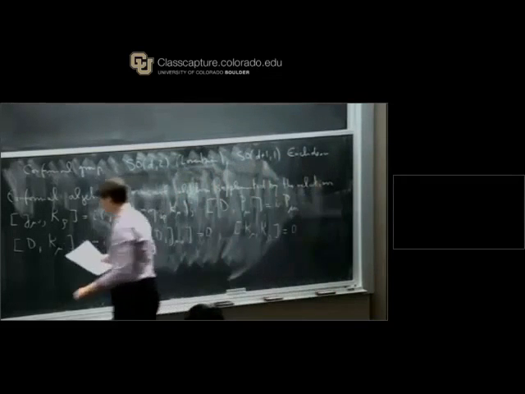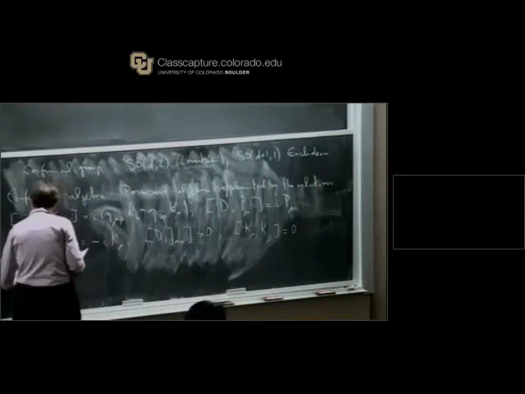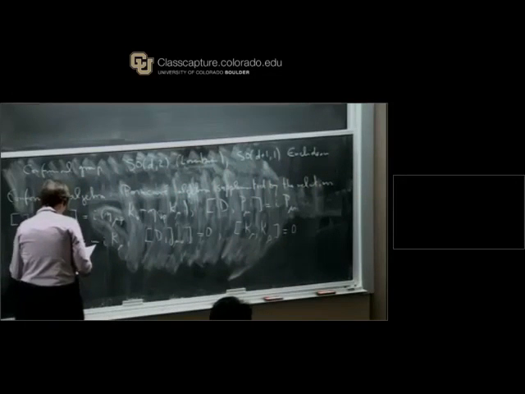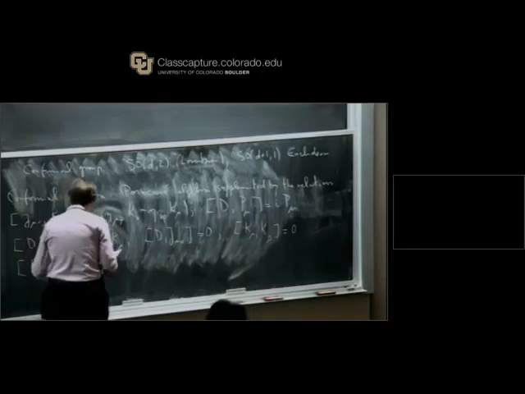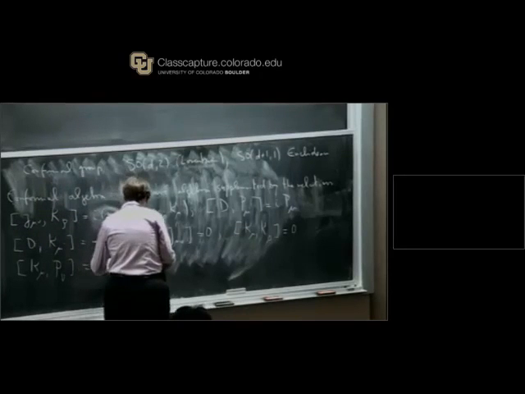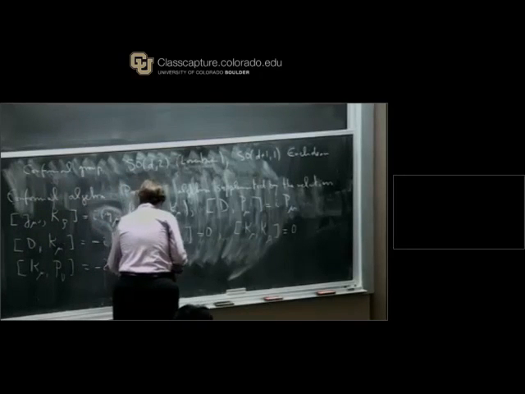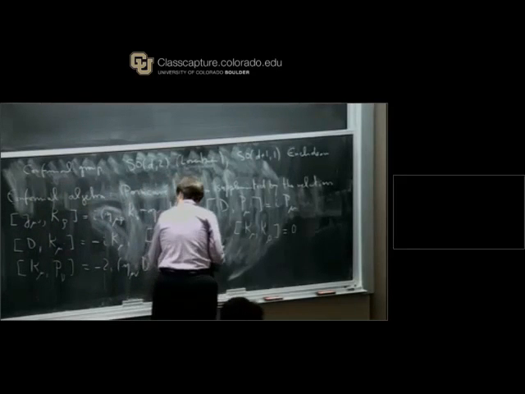And then finally we have a relation of how the K's act on the P nu, so this is minus 2i eta mu nu times D minus J mu nu.